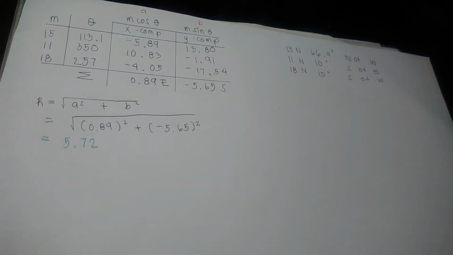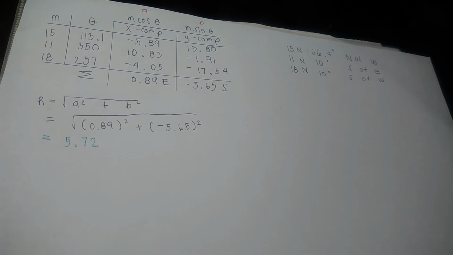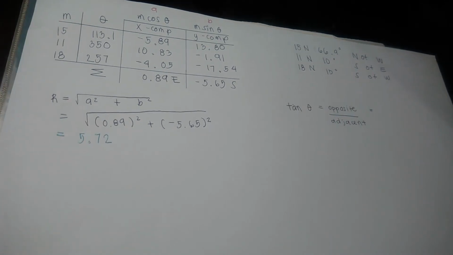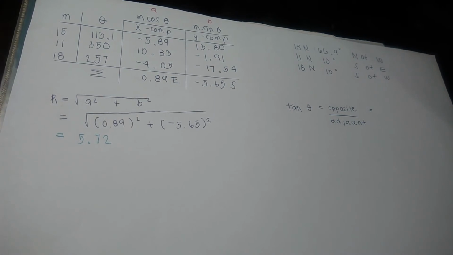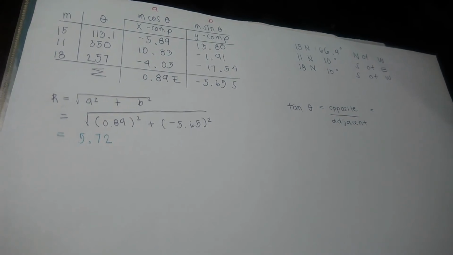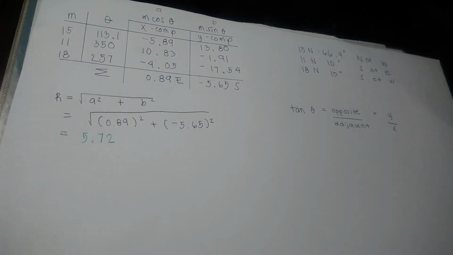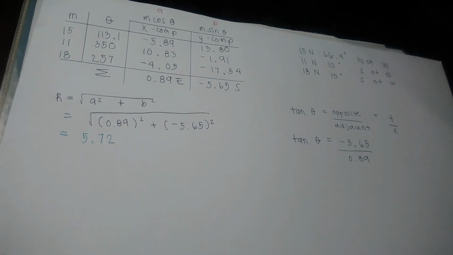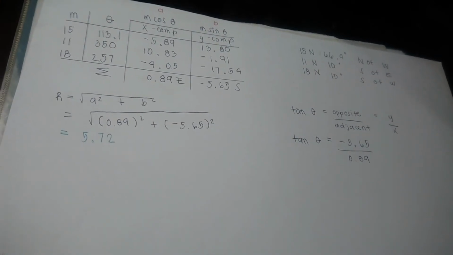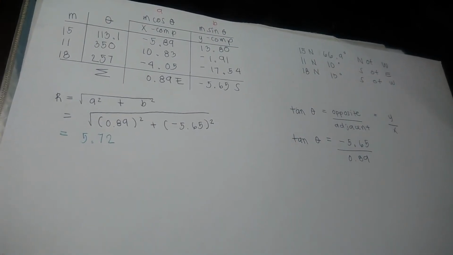Now to get the angle, the formula is tangent theta, which is opposite over adjacent, and in the table it is y over x. So tangent theta equals negative 5.65 over 0.89.